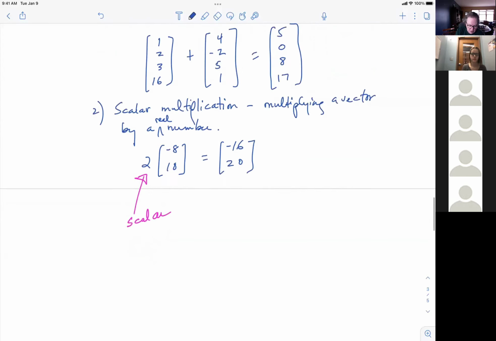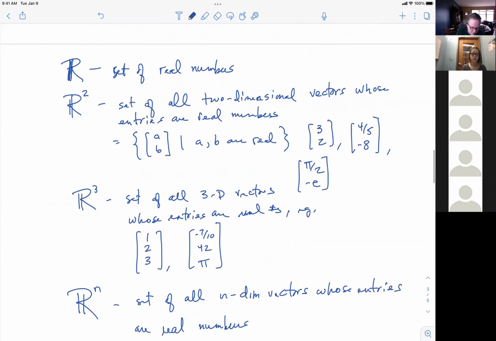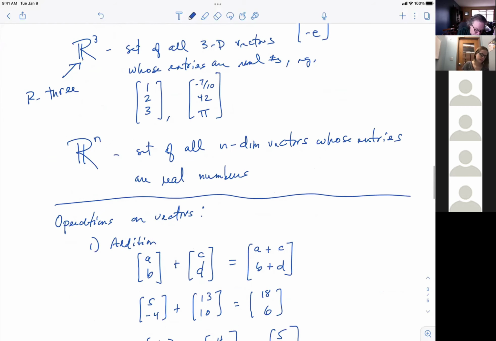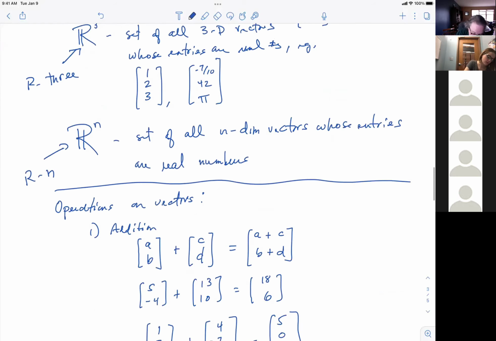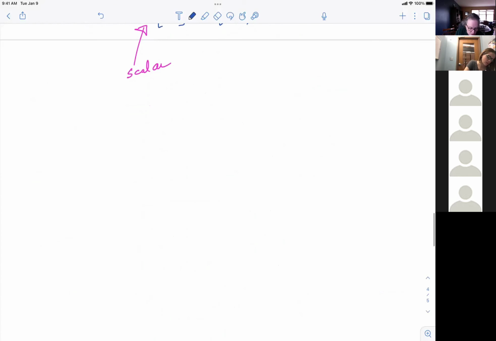I don't even know if I said that back up here, but when we say R2, and this is R3, and this is Rn, that's how we say that. So let's just take a couple of vectors in R2. This is our example.